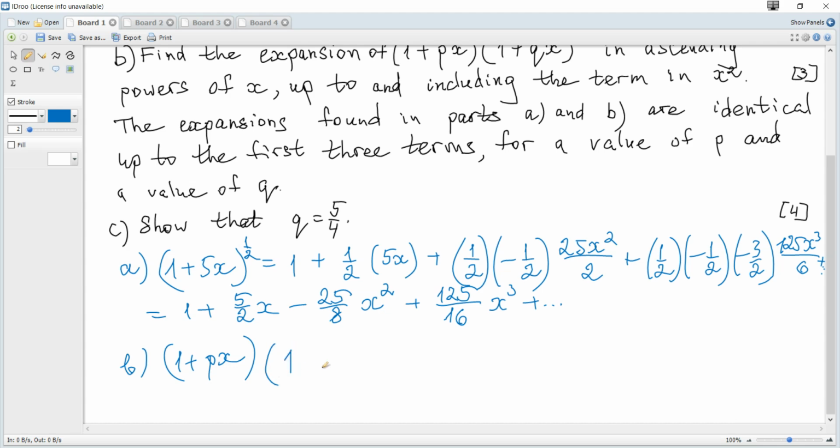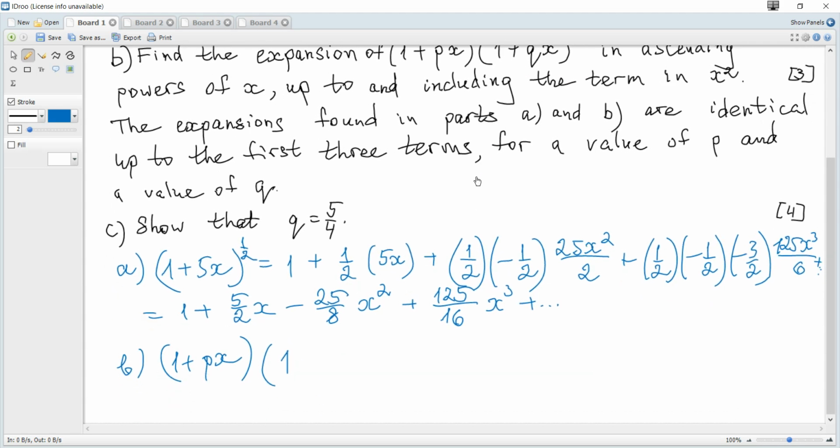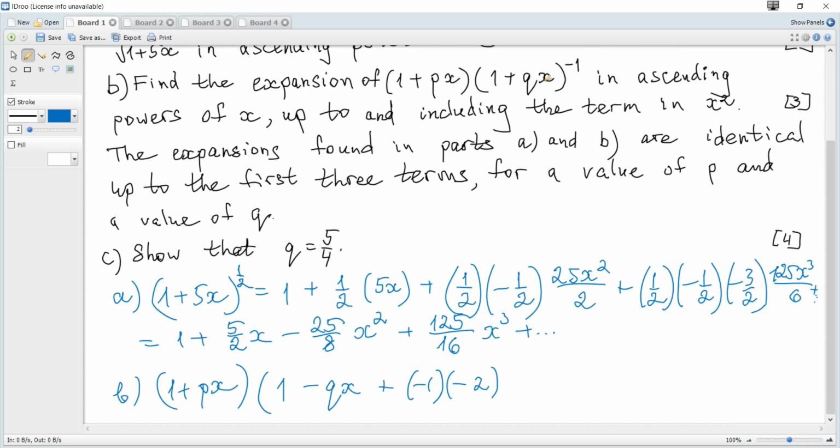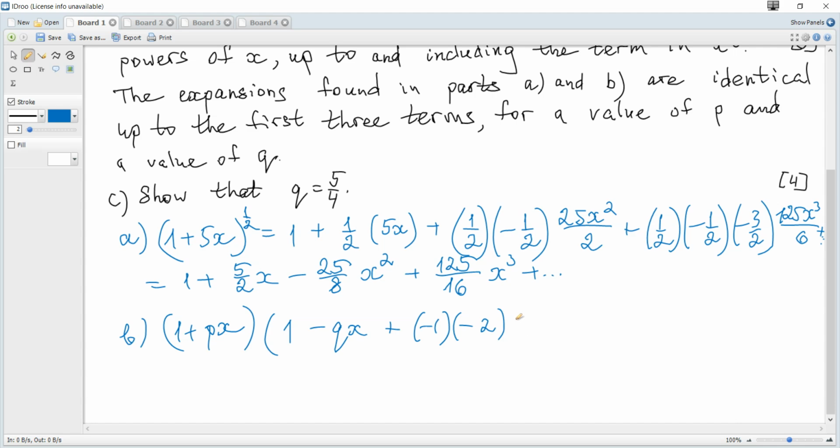So it becomes 1 plus nx, so negative 1 multiplied by qx, so it's minus qx, plus negative 1 times negative 2 times q squared x squared over 2 factorial, which is 2. And you can see it's plus 2 and 2, so 2 cancels, so it's just plus q squared x squared and plus so on.